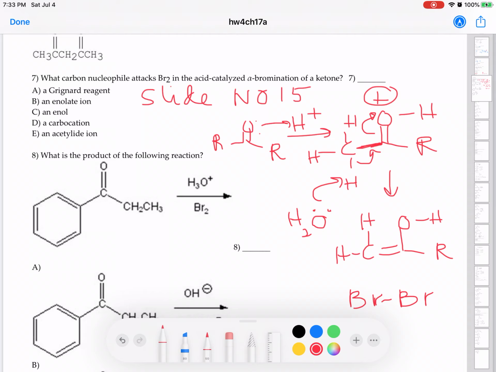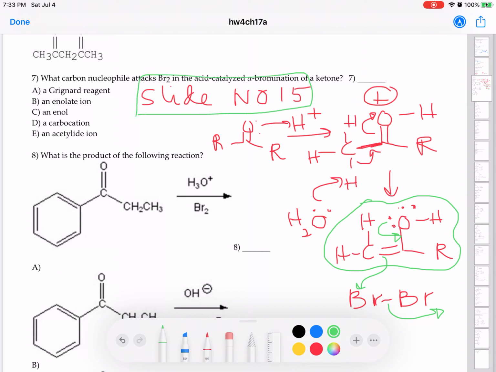Once the enol forms, this is how it's going to attack, using the pi bond. Okay, so that is what carbon nucleophile. So it is the enol, this is called enol. So it is the enol nucleophile that attacks bromine in the acid catalyzed alpha bromination of a ketone. So this is explained in slide number 15 in your lecture notes. Okay.